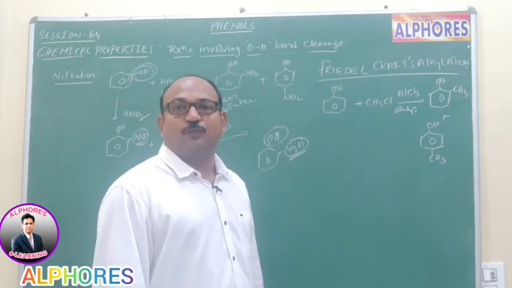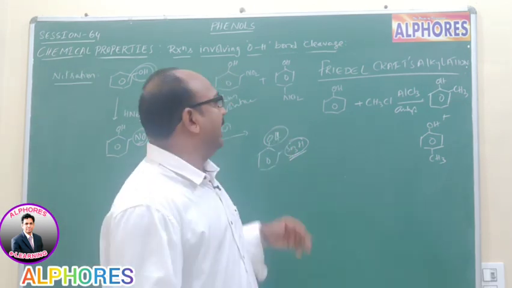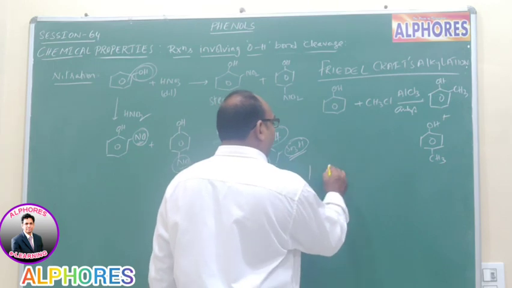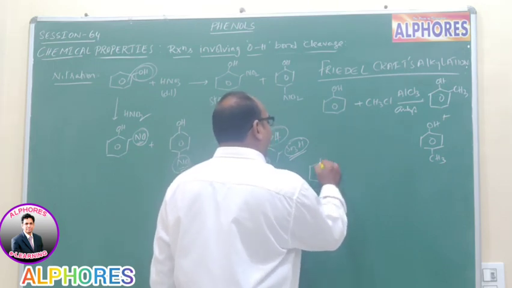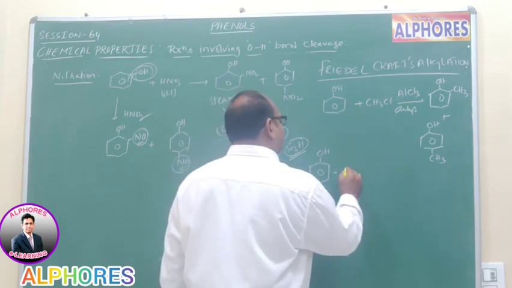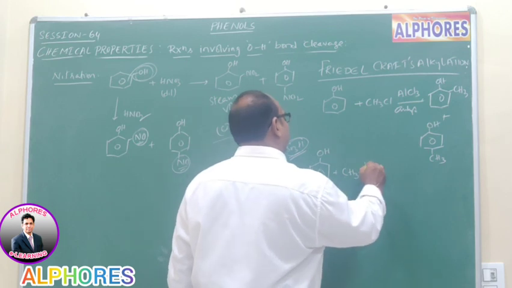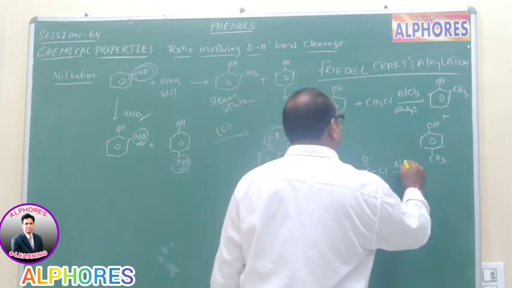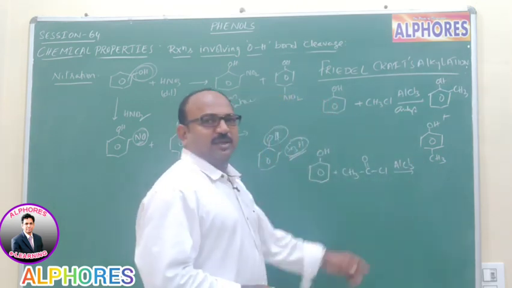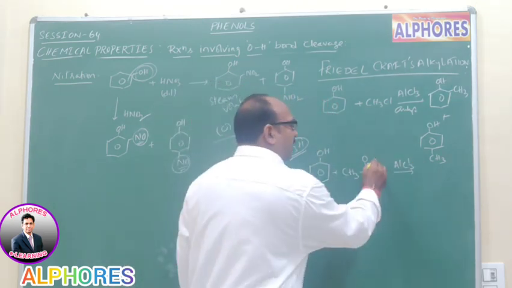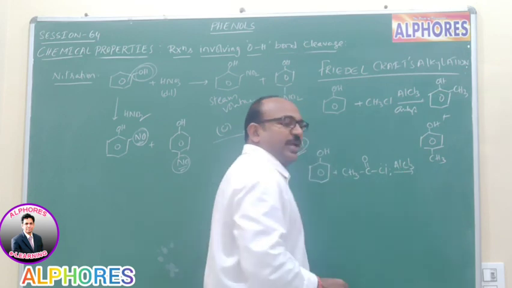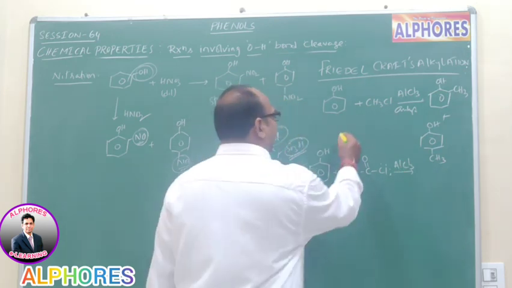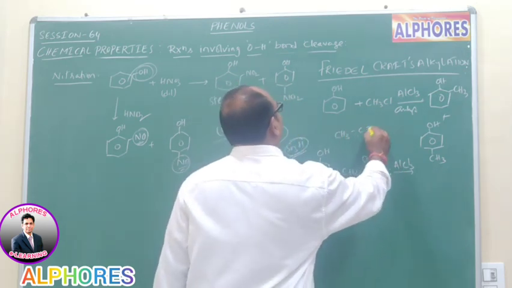Similar to Friedel-Crafts alkylation, there is Friedel-Crafts acylation also. Phenol upon reaction with an acyl chloride, say CH3C=OCl, in the presence of AlCl3 catalyst. As we know, here AlCl3 accepts a lone pair from chlorine and converts into AlCl4 minus and the acylium carbocation, which is more stable.